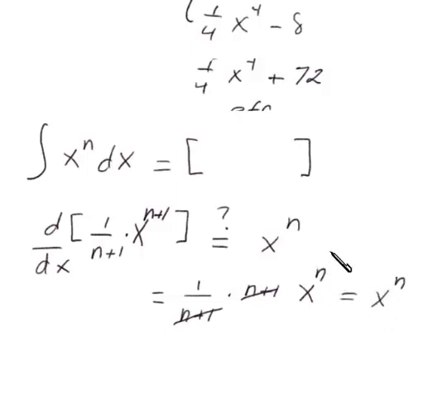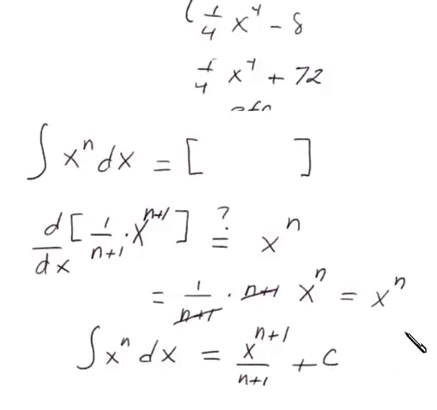And actually we know also, don't we, that the indefinite integral of x to the n is x to the n plus 1 over n plus 1 plus an arbitrary constant c.